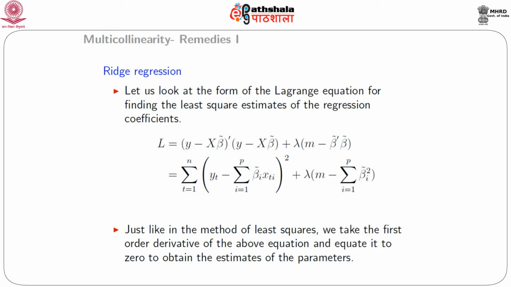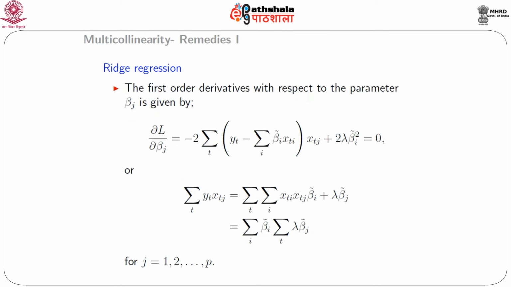Just like in the method of least squares, we take the first order derivative of the above equation and equate it to 0 to obtain the estimates of the parameters. The first order derivative with respect to the parameter beta j is given by delta L divided by delta beta j equals negative 2 times the sum of y t minus summation i beta i tilde times x t i, times x t j, plus 2 times lambda beta j tilde, and we equate it to 0.